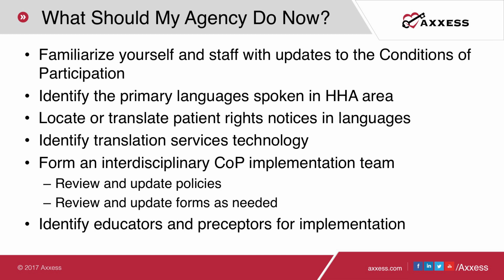Locate or translate patient right notices in those languages. Identify translation services technology you can use, such as a phone service. Form an interdisciplinary conditions of participation implementation team. Their job would be to review and update your policies and update forms as needed. And then you'll need to identify educators and preceptors for implementation of the COPs.